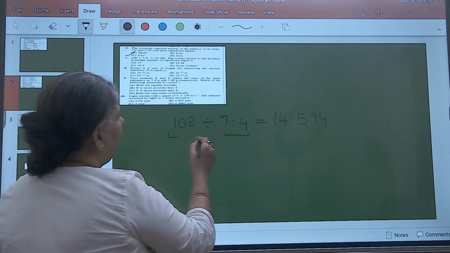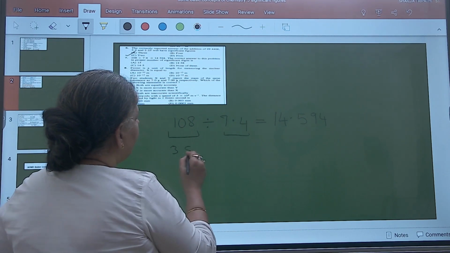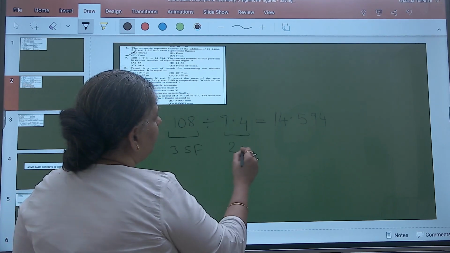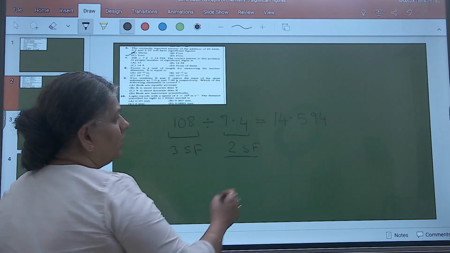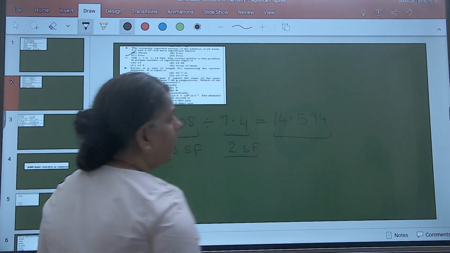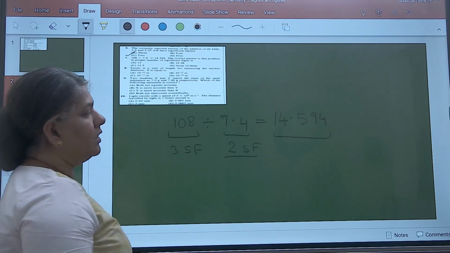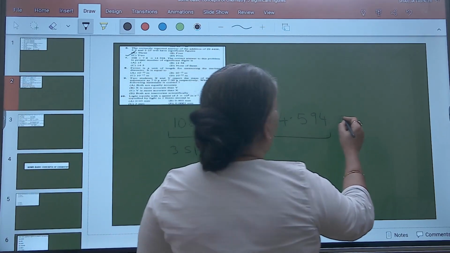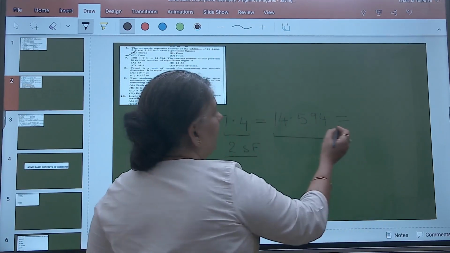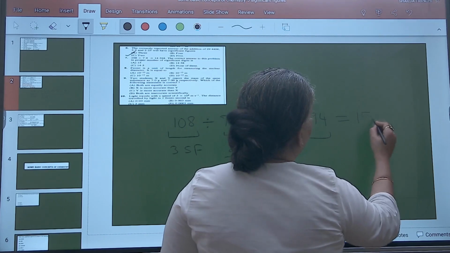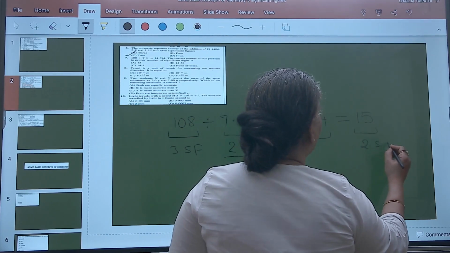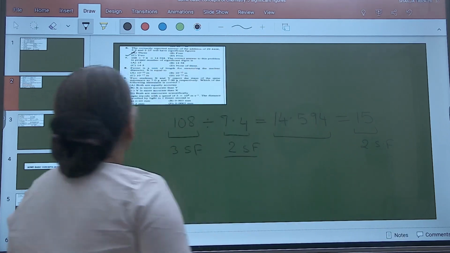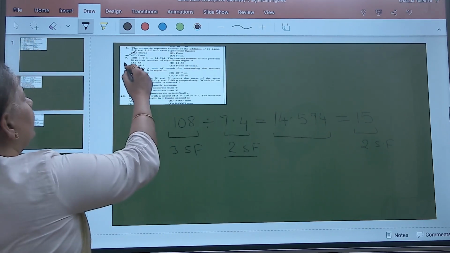So 108 has 3 significant figures. This has 2 significant figures. So among the two, this is least. So our answer should be reported in 2 significant figures. After rounding off, we get 15 as the answer. So this has 2 significant figures. So option A is correct.